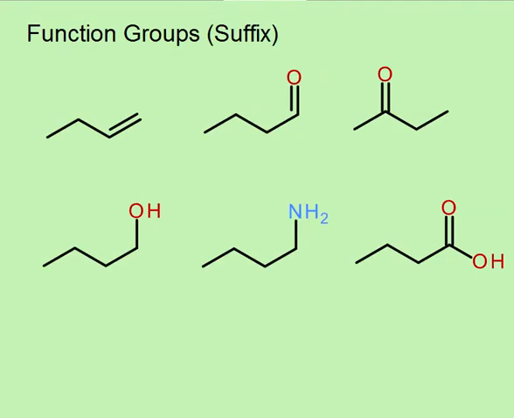For example, if the molecule has a carbon-to-carbon double bond, that's what we call an alkene. If it has a carbon-to-oxygen double bond on the end of the molecule, that's what we call an aldehyde. If it's embedded in the molecule, the carbon-to-oxygen double bond, we call it a ketone. And of course the alcohol group, as we've seen, amines when there's an NH group, and carboxylic acids when it's a COOH group.